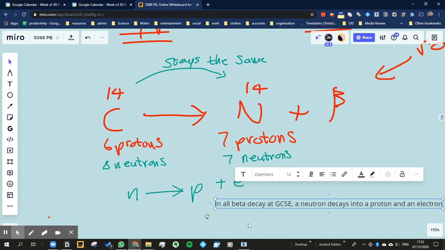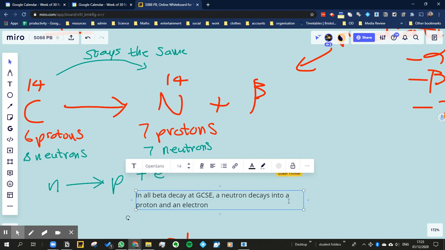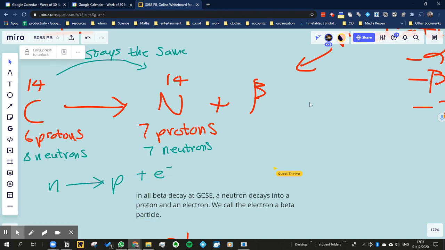Okay, now the electron is what we call the beta particle. So maybe when they first discovered these beta particles, they didn't realize what they were, and then after a while they did.